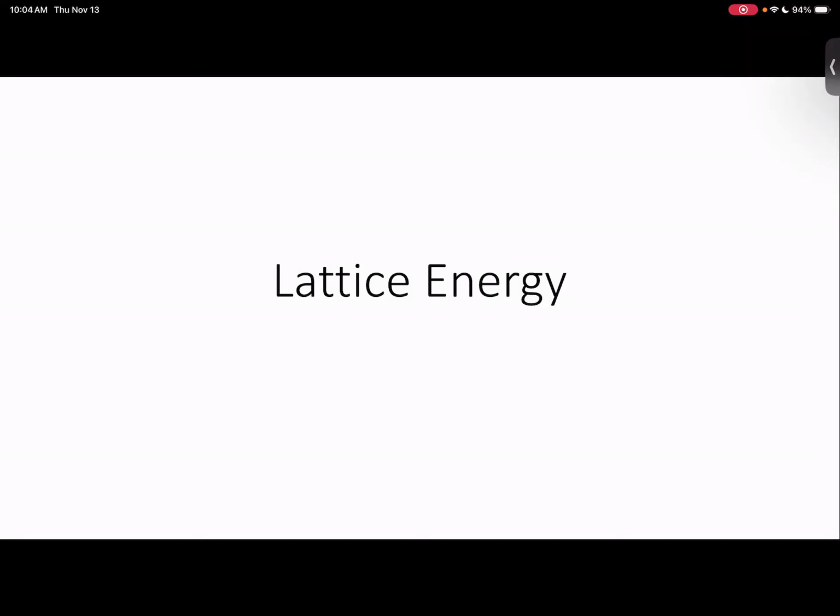The larger the charge, the higher the lattice energy. Rule number 2 for us was the smaller the size, the higher the lattice energy. So once we had sorted everything based off of the charge, we then came back and sorted everything based off of the size of the atoms. And from that, we were able to put the ionic compounds in order of their lattice energy.